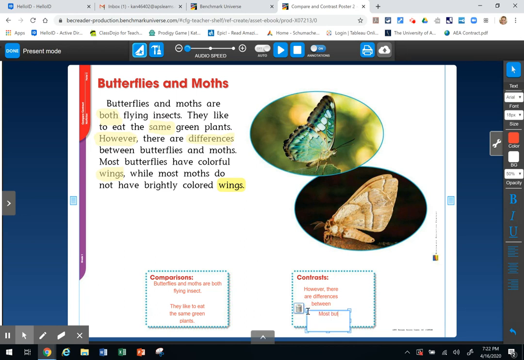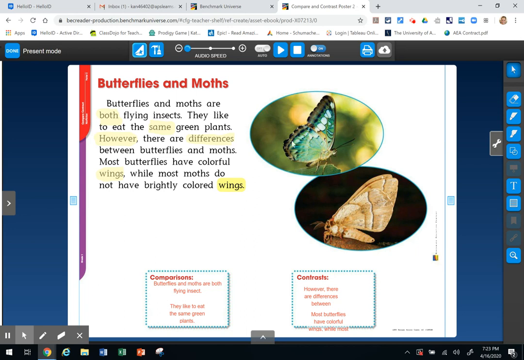Most butterflies have colorful wings, while, remember that's a signal word, most moths do not have brightly colored wings. And you can tell that just from looking at the picture too. See this butterfly? The butterfly has brightly colored wings and this moth does not.